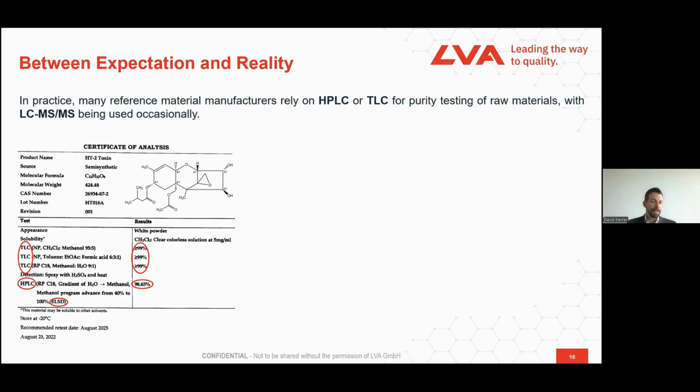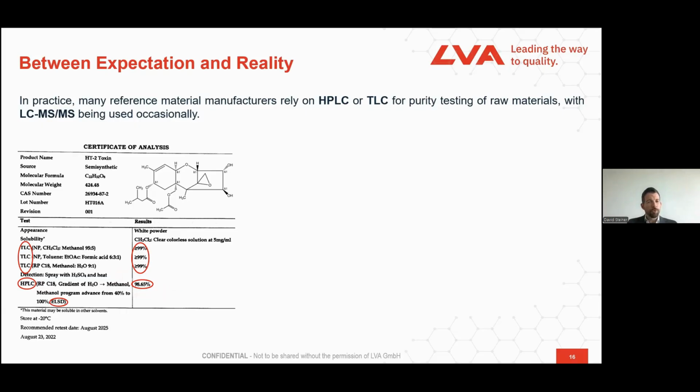This is mainly driven by cost considerations, as qNMR requires a significant amount of the neat standard material, and that can be relatively expensive, up to several thousands of euros, and some manufacturers just try to save some costs at this point. According to the certificate, the purity of this material was reported to be around 98 to 99%.